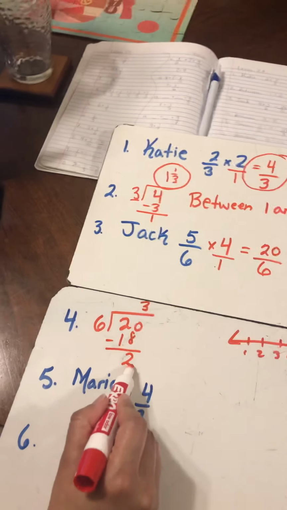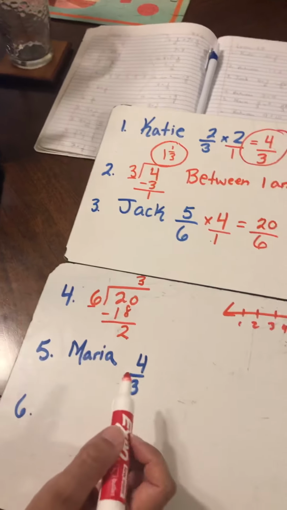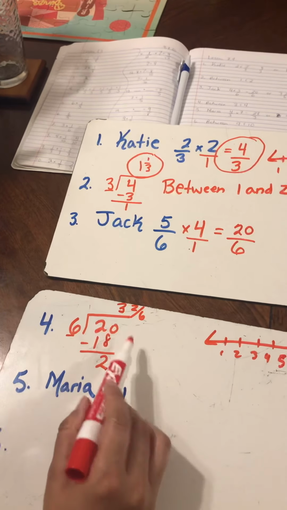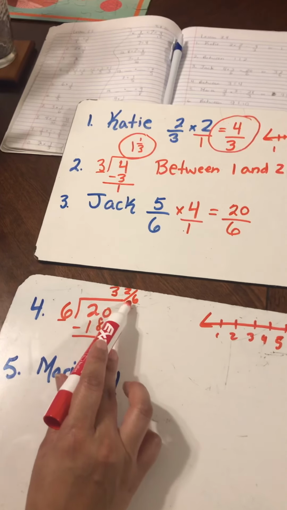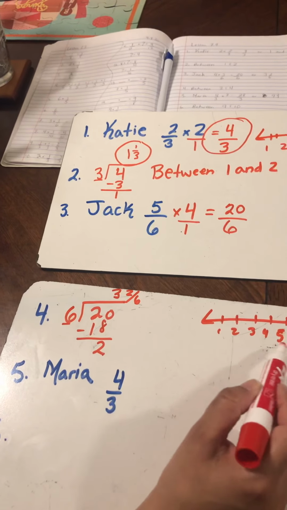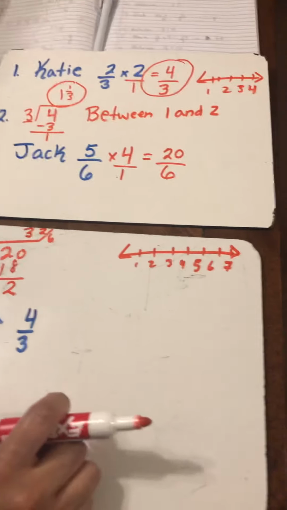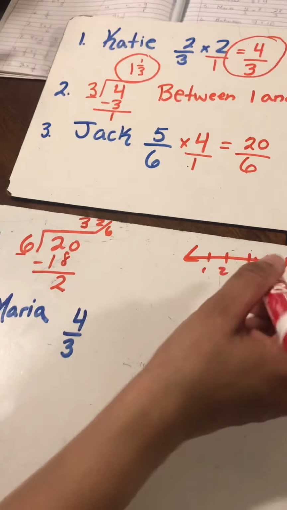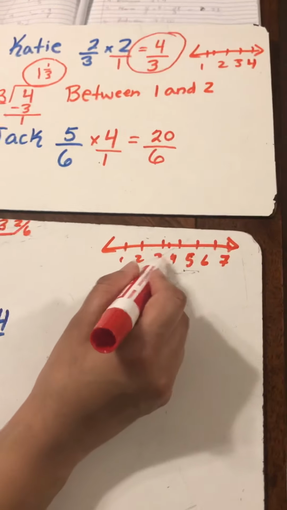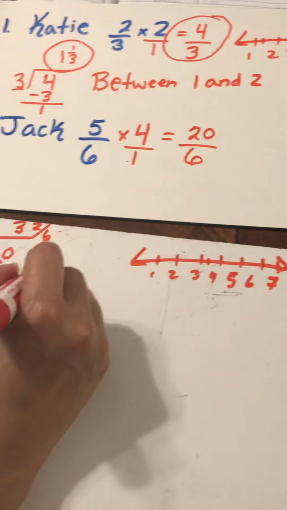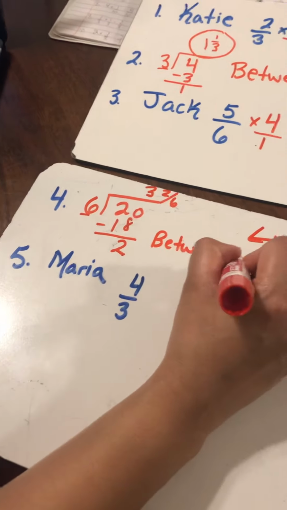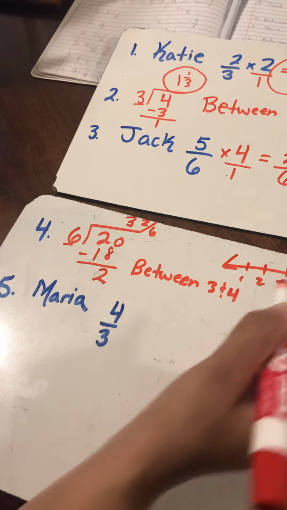And then my remainder, I'm going to put it over my divisor. 2/6. So my answer is 3 and 2/6. So where on the number line would you find 3 and 2/6? Hopefully you're looking somewhere in between 3 and 4, right? Between 3 and 4. So that is my answer for number 4. It's going to be between 3 and 4.